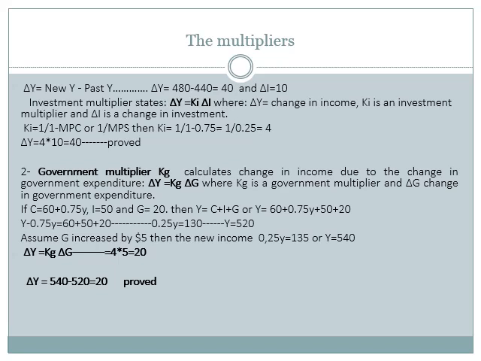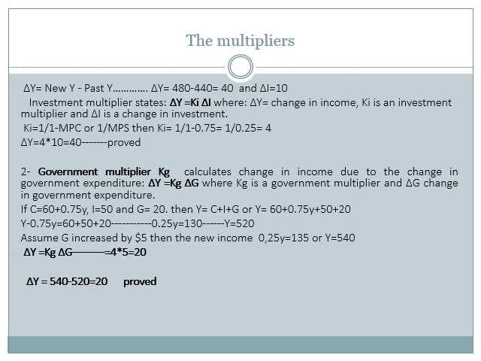If c equals 60 plus 0.75 y, I equals 50 and g equals 20, then y equals 520 after the process of calculation.